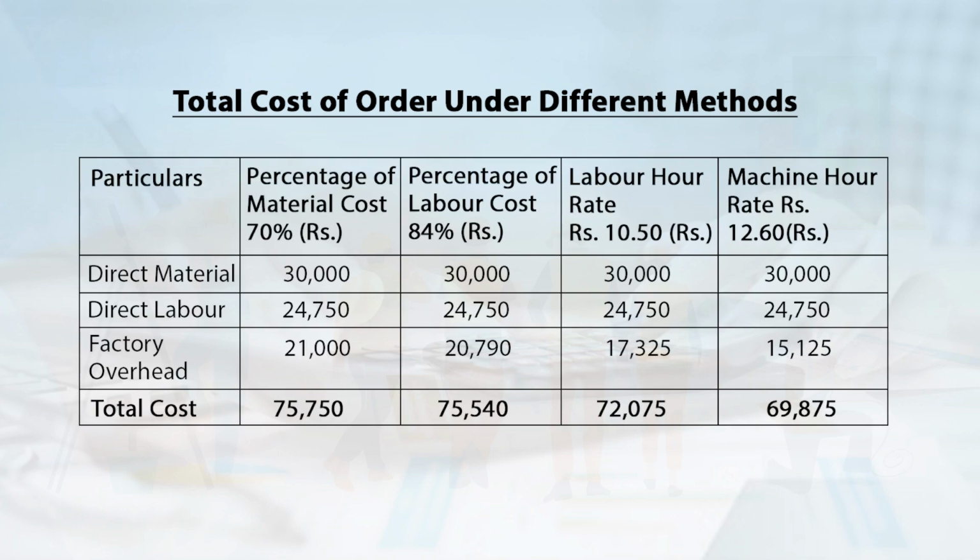Let's prepare total cost of order under different methods. Direct material and direct labor cost are given in the example. So, direct material is rupees 30,000, which will remain the same under all four methods, and direct labor given is rupees 24,750, that will also remain the same under all four methods. We will add to that factory overhead: under first method, percentage of material cost, rupees 21,000, under second method, percentage of labor cost, rupees 20,790, under labor hour rate method 17,325, and under machine hour rate method 15,120.